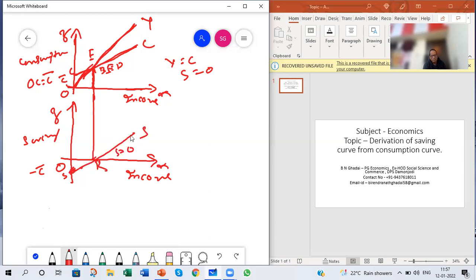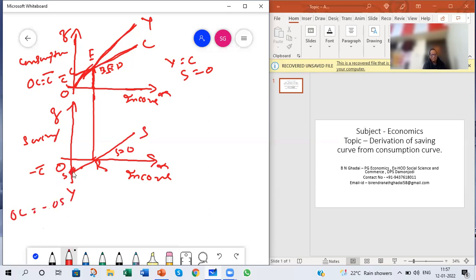This is how the saving curve is derived, and the saving curve starts from the negative area of the y-axis because of the autonomous consumption. Autonomous consumption is OC. That's why the negative amount is minus C bar or minus OC, that is equivalent to OS. So here OC and minus OS are equal; here C bar and here minus C bar.